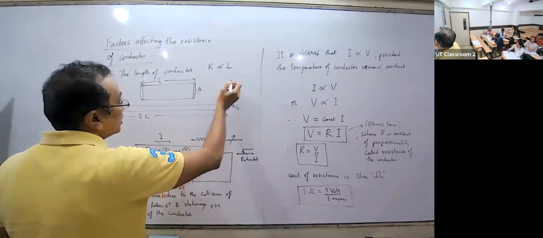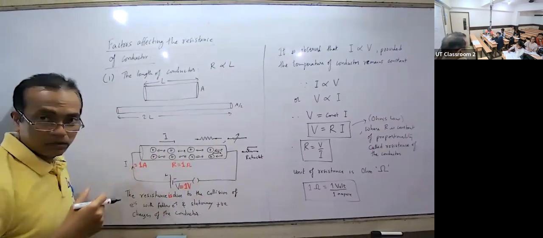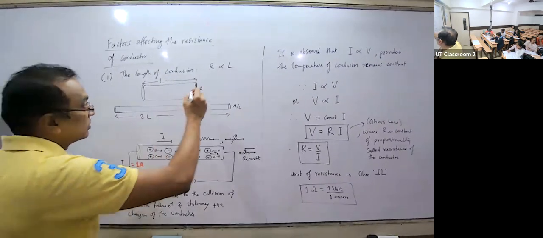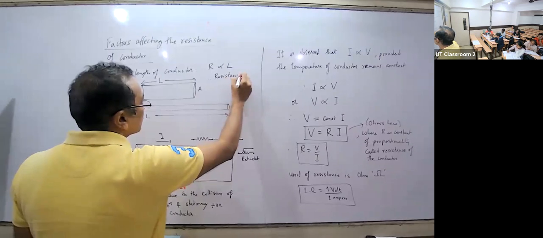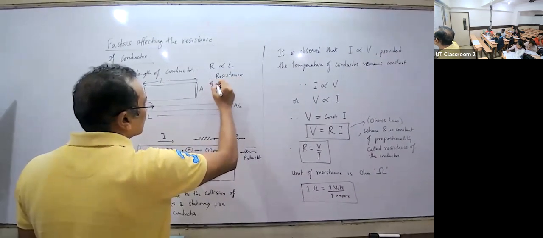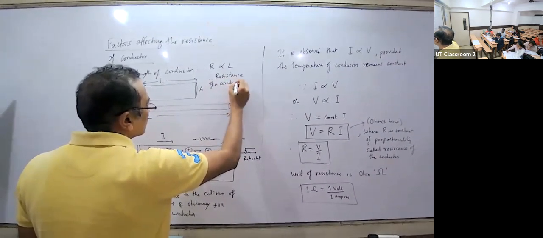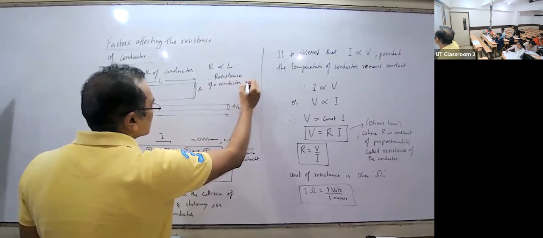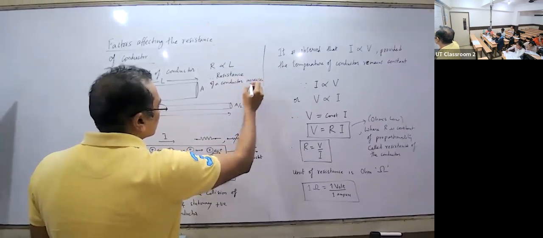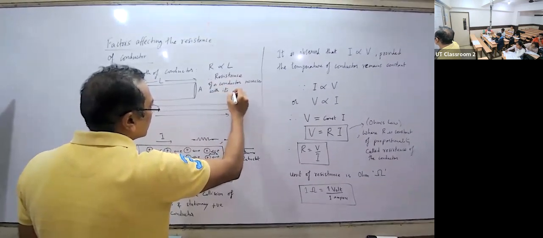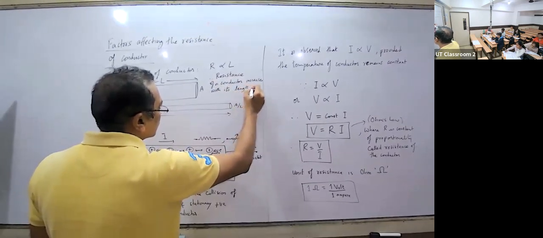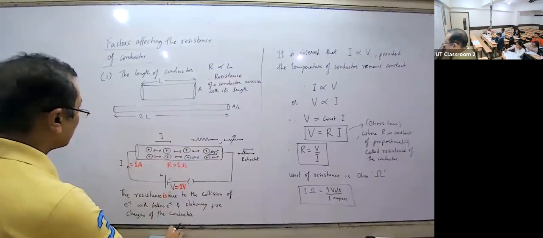So the resistance of the conductor increases with its length. So that was the first thing.